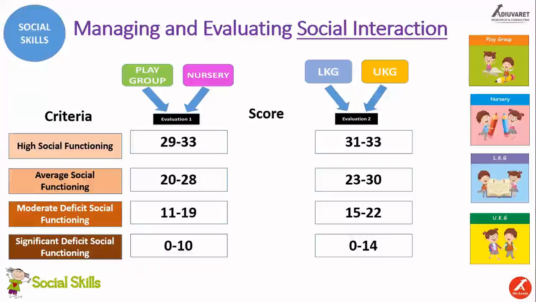If our child is in the lower category, then by working positively on that, we can improve the score and so also the social interaction skill of our child. It's very much a doable skill. All the social skills are doable and modifiable skills.